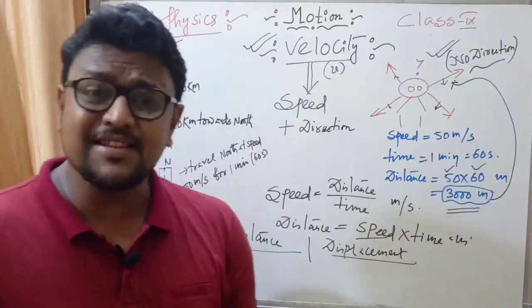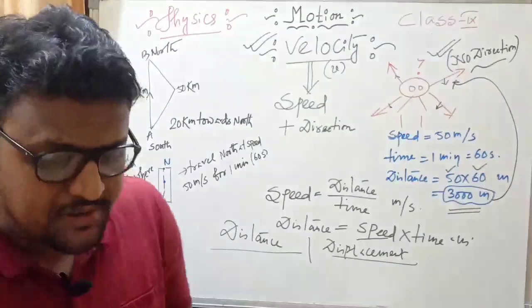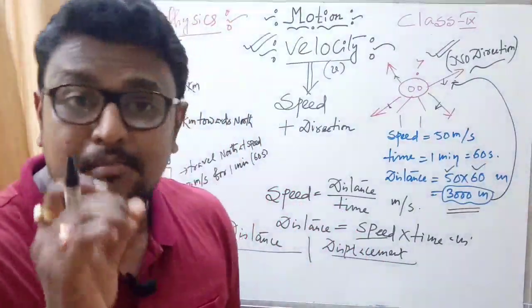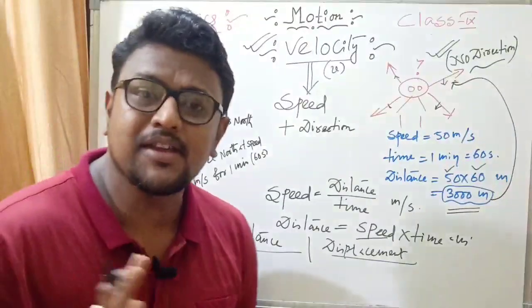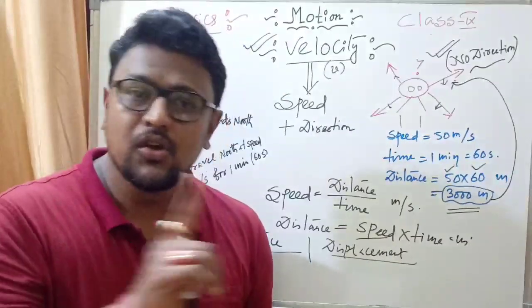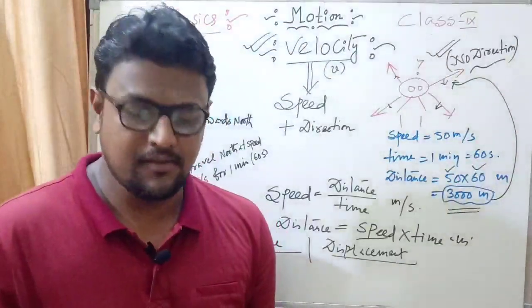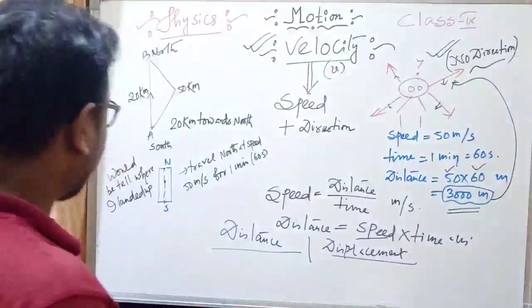So, this tells us something more interesting. Speed means it only has a magnitude, no proper direction. It has only magnitude, no proper direction. That's why speed is called a scalar quantity.